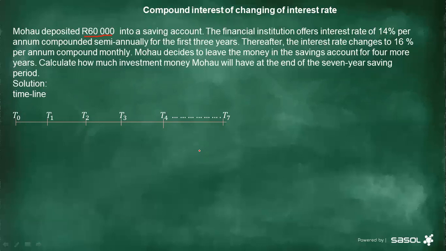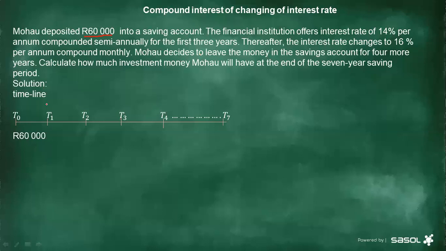That money should be deposited into the savings account. And then the initial amount, remember, was 60,000. That's the money that was deposited. And then it says the financial institution offers an interest rate of 14% per annum compounded semi-annually for the first 3 years, meaning 1, 2, 3.